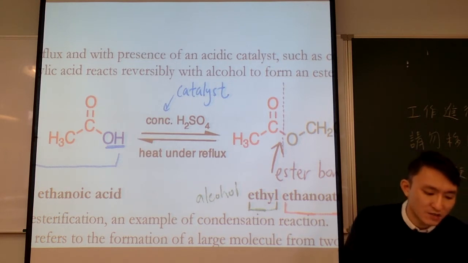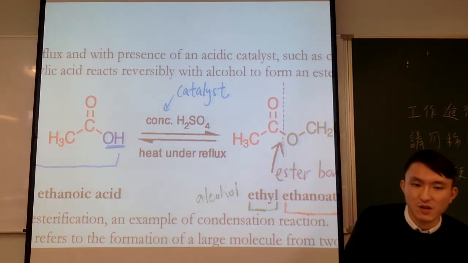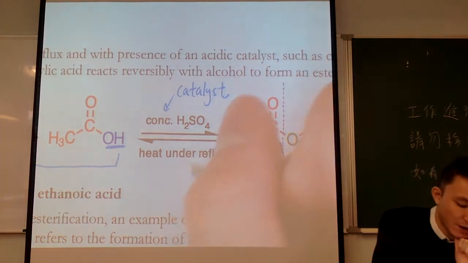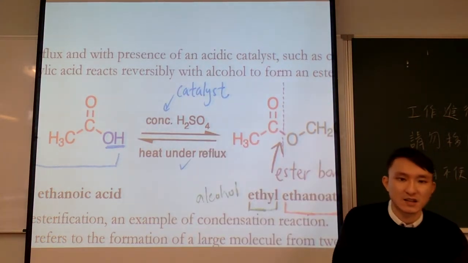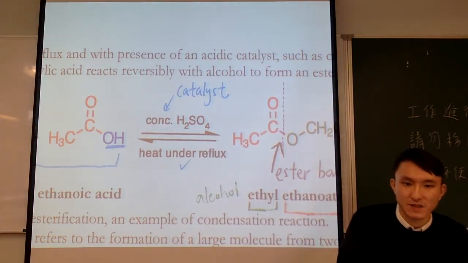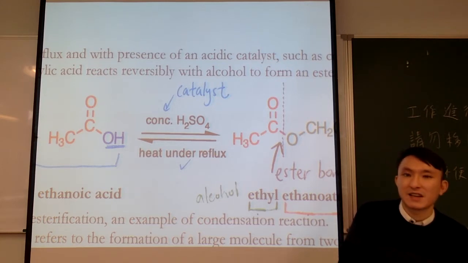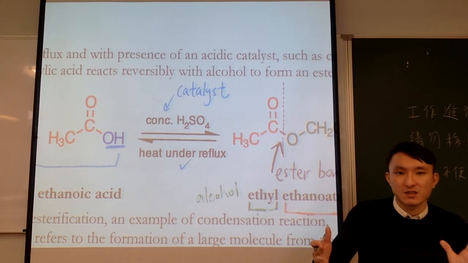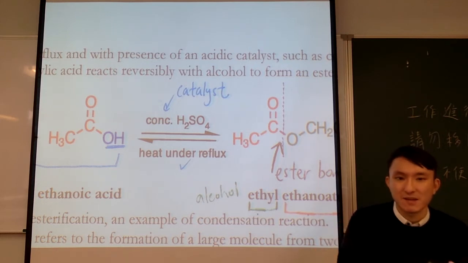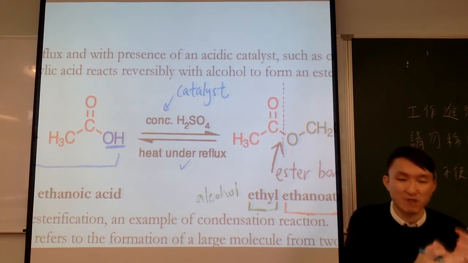And also, because it's so slow, it needs to increase its rate by heating. So we have to also heat under reflux. Heat under reflux. If you remember, heat under reflux basically allows a long time of heating, but the reactant and product will not escape. So we keep the reactant and product.